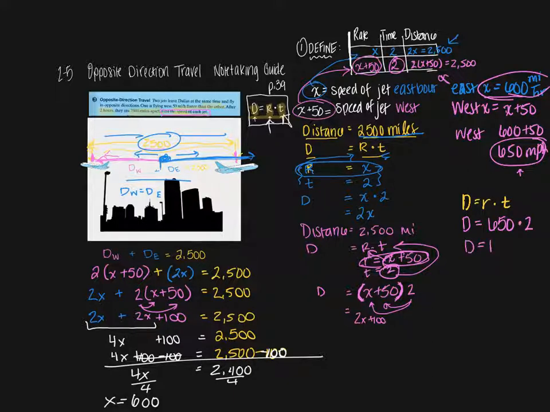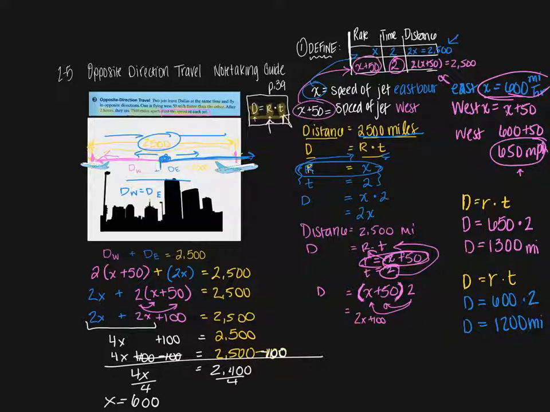And you're going to see that equals 1,300. And the distance for my blue jet is d equals 600 times 2. So this guy went 1,200 miles in 2 hours, and my pink one went 1,300 miles.